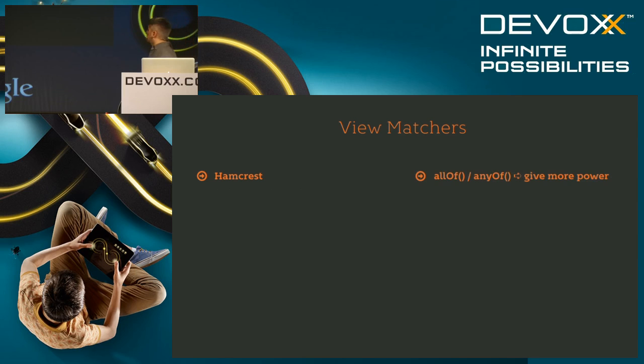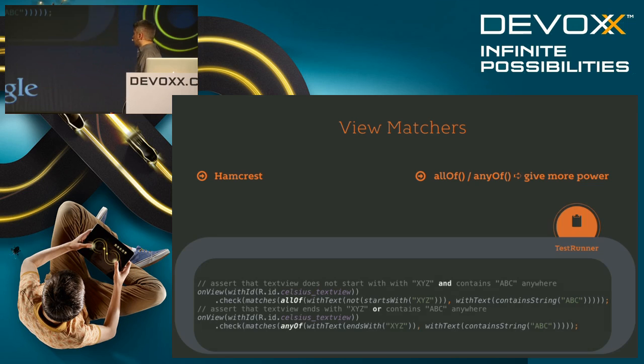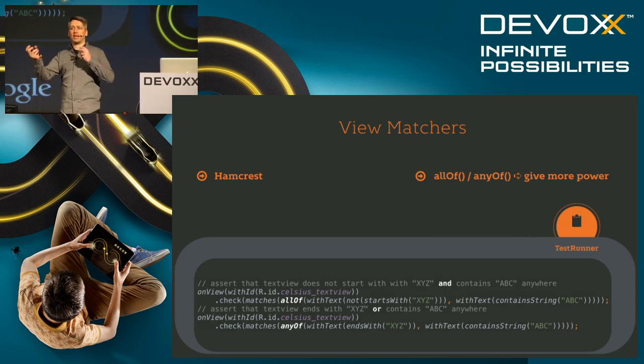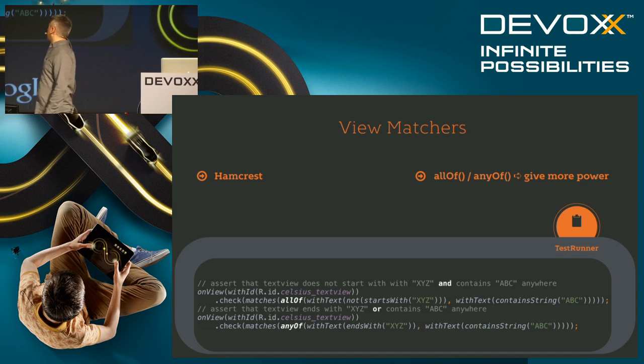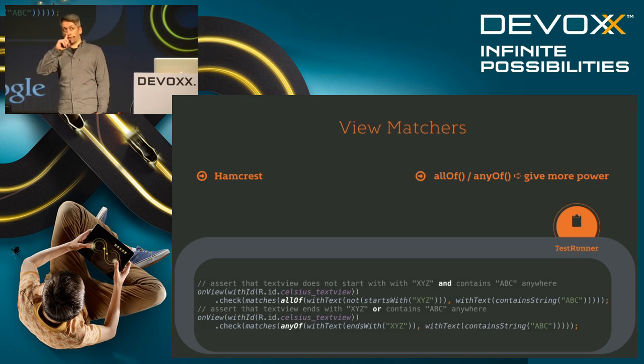Now, since it's based on Hamcrest, we already saw that Hamcrest also has support for logical matchers. That's also quite useful if you're writing some tests for your UIs. Now, this is a simple example. Basically, what you need to focus on is, let's say that you have a text field and you want to have multiple conditions. So I do not want it to start with XYZ, and it should contain ABC somewhere in the text field.